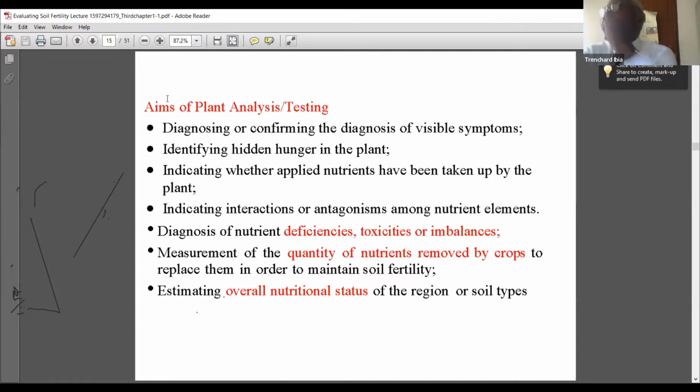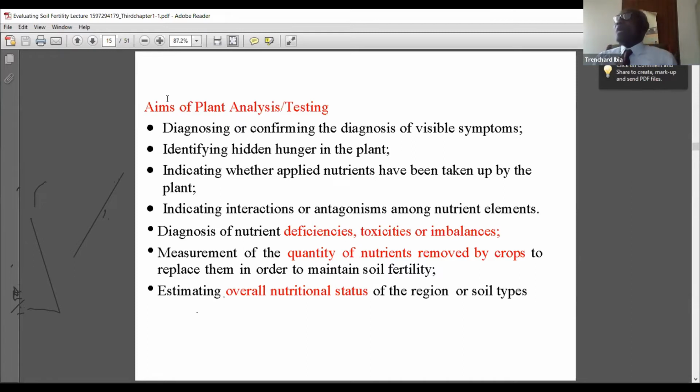So you must do plant tests as part of the overall soil test crop responses activities.